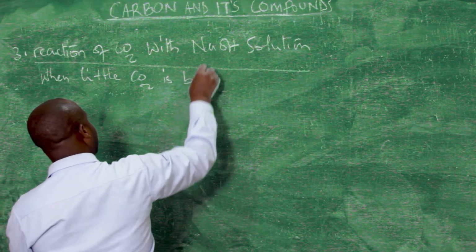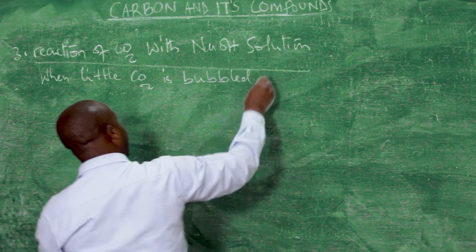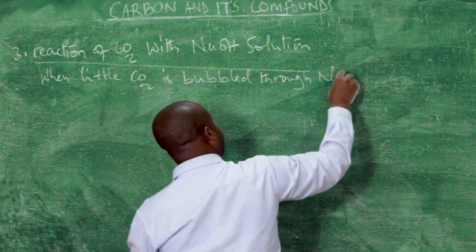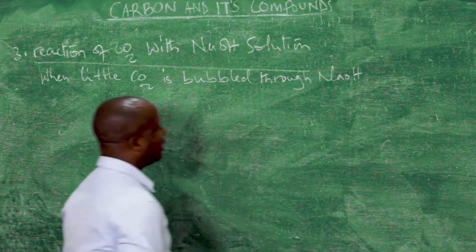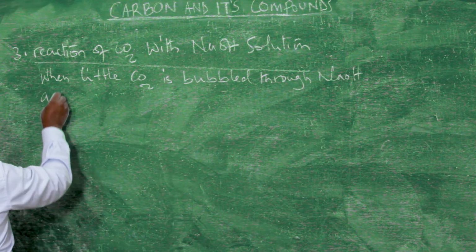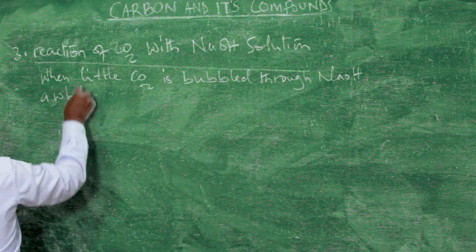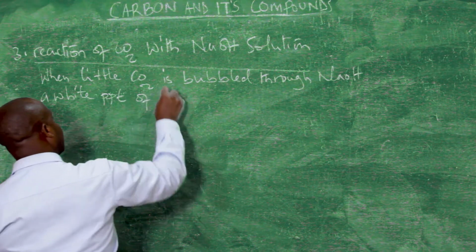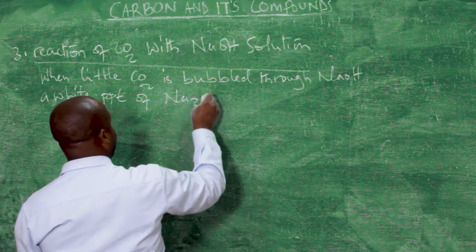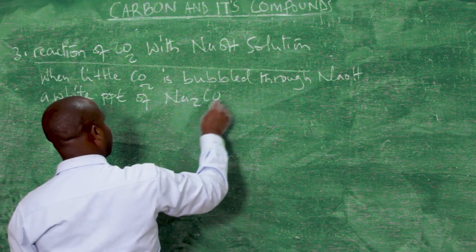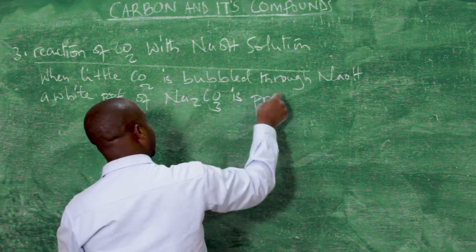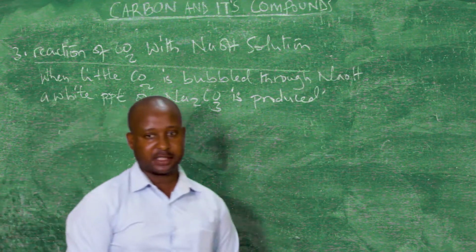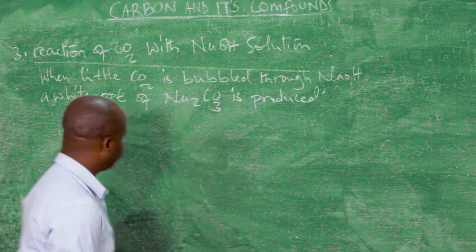When little carbon dioxide is bubbled through sodium hydroxide, a white precipitate of sodium carbonate is produced. Let's have a look at the equation for this reaction.